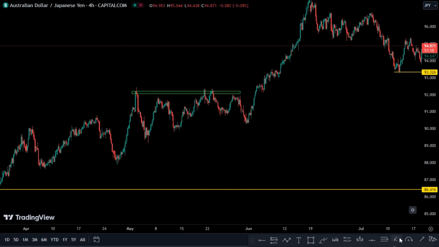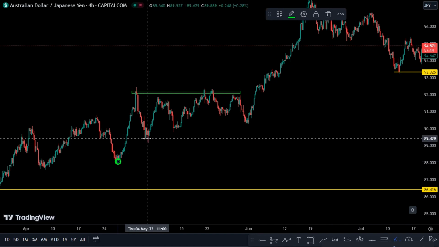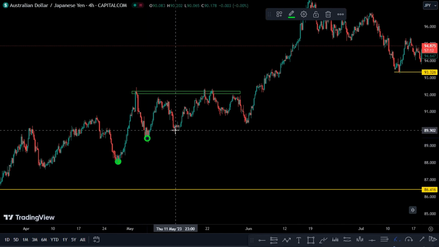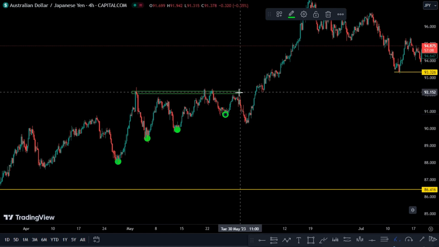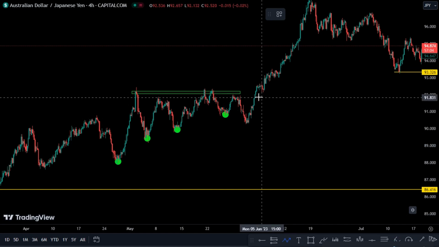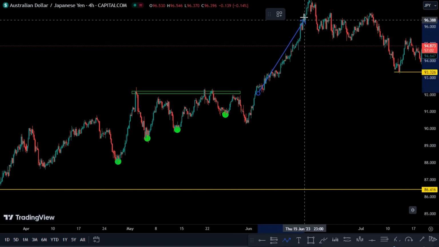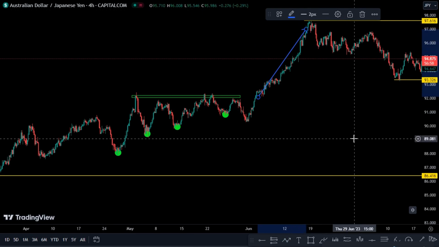These are equal highs, but then when you look at the bottom side, you can see it creating these lower highs up until the structure is broken, and then the market continues pushing all the way to the next significant structure, which is that one.